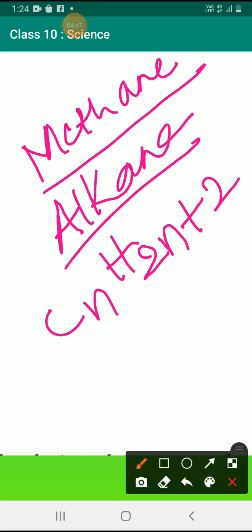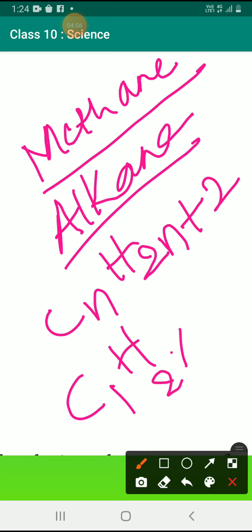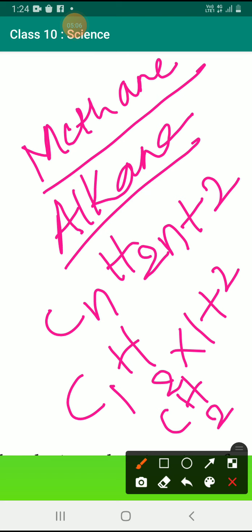Cn means C1, methane, monkey, 1. So I can write C1, H2 into 1 plus 2, which finally we can write as CH2 into 1 is 2, plus 2 is 4, so I can write CH4. Got it? I hope you get this.